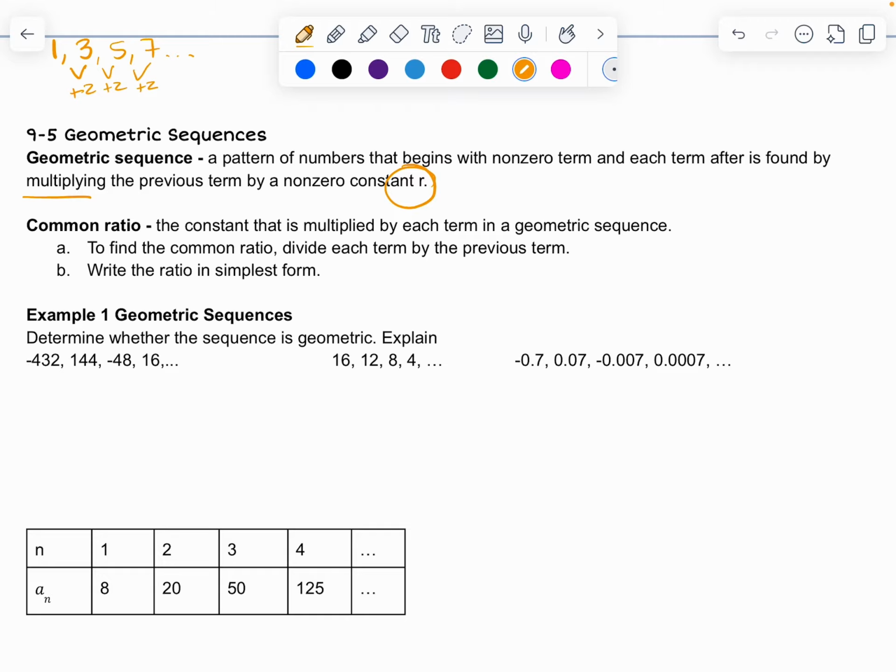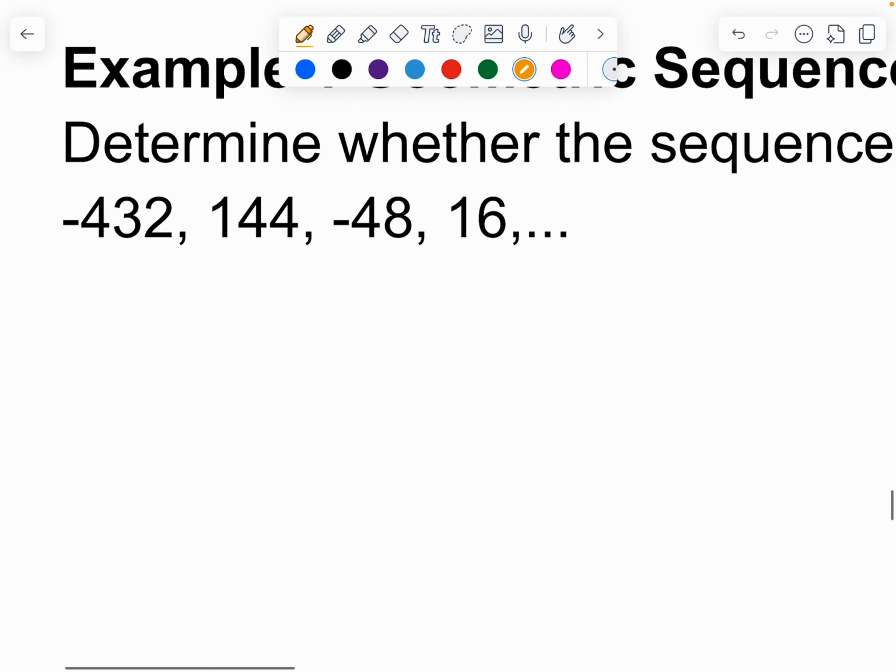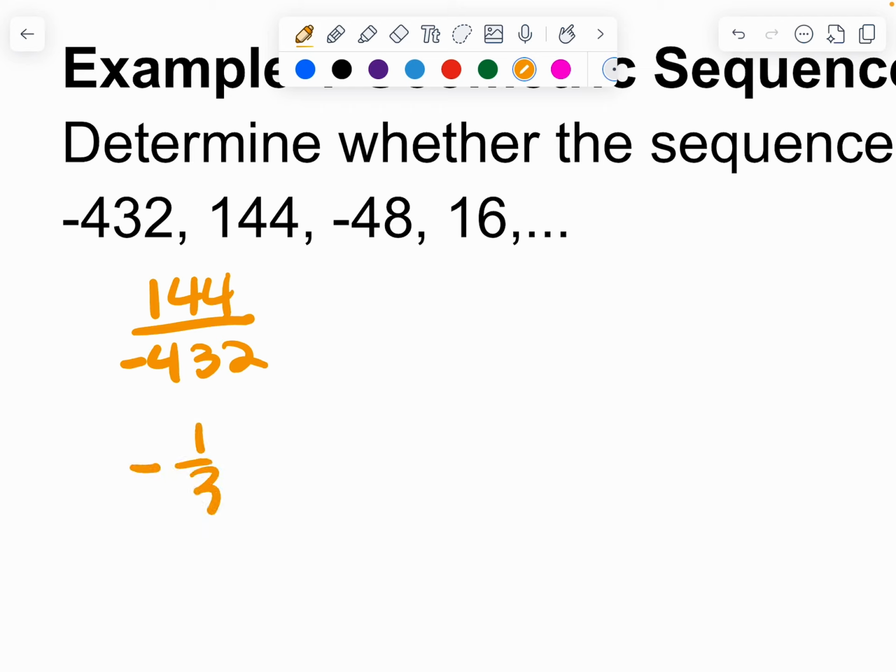Okay, so here we go. All we're going to do is take 144 and divide it by negative 432. When I put it in my calculator, I'm going to get negative 1/3.